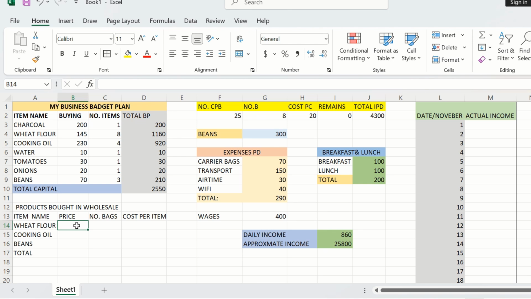Then the price, let's say you buy at 1700 and 1750, and cooking oil is 2200, and then beans at 1700.